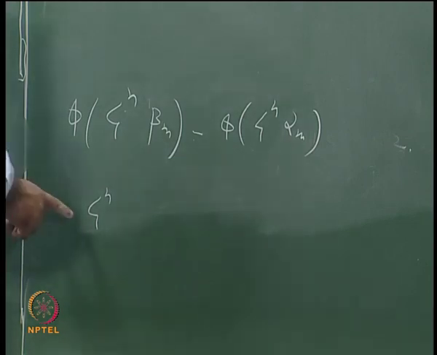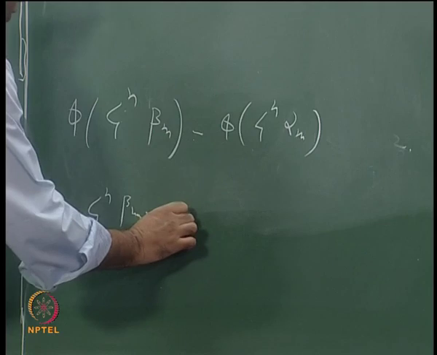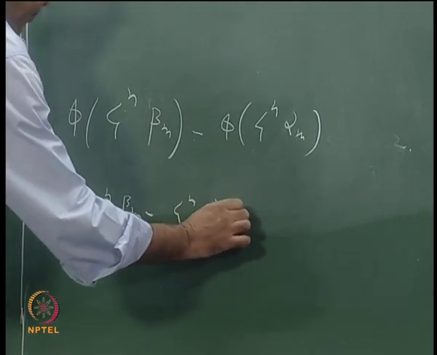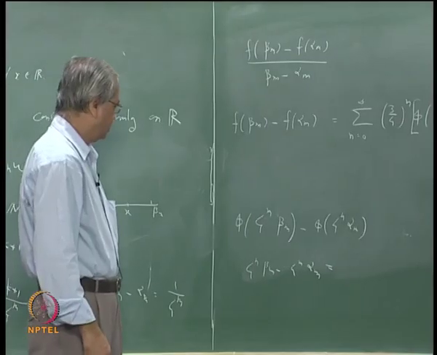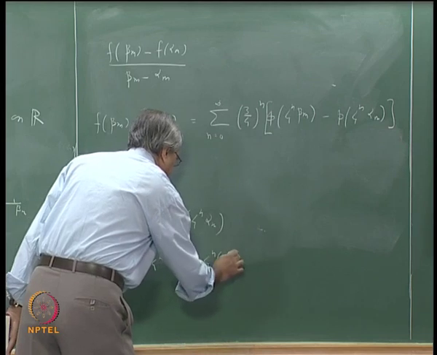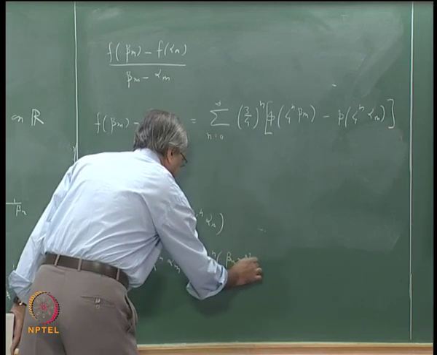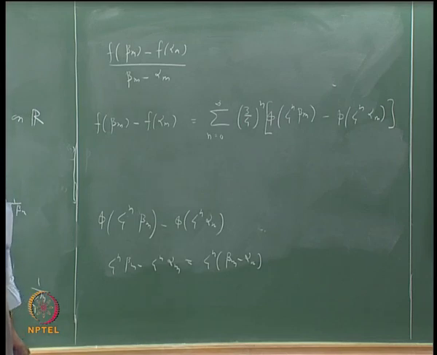Suppose I look at the number 4 to the power n beta m minus 4 to the power n alpha m. That is the same as 4 to the power n into beta m minus alpha m, and beta m minus alpha m is nothing but 1 by 4 to the power m.